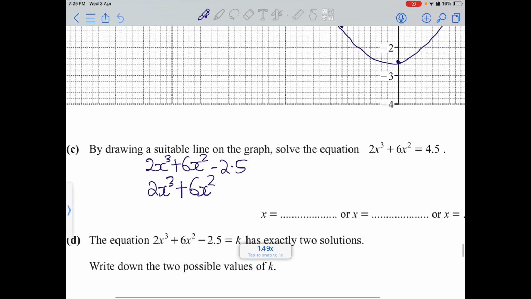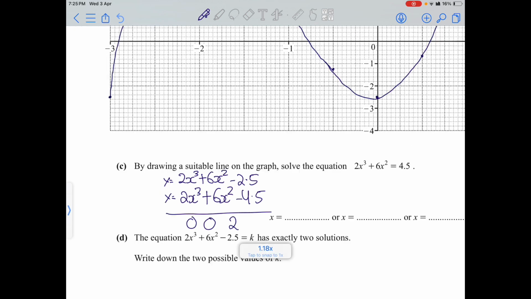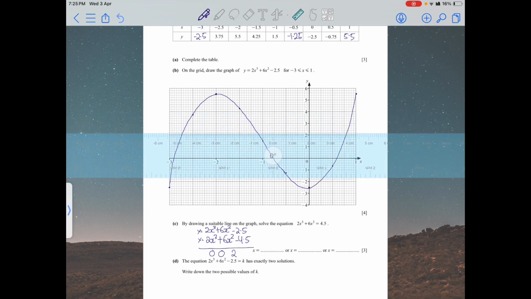I will rearrange this equation to bring negative 4.5 inside, so y is equal to this and y is equal to this. Now I'm going to subtract them. So 0, 0, negative 2.5 minus negative 4.5 is basically 2. So the equation would be y is equal to 2. Alright, I hope you understand, because negative 2.5 minus negative 4.5 is 2. So y is equal to 2.